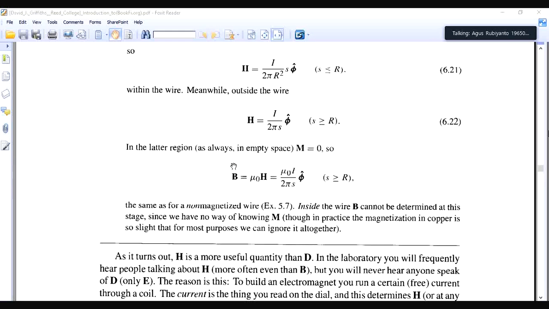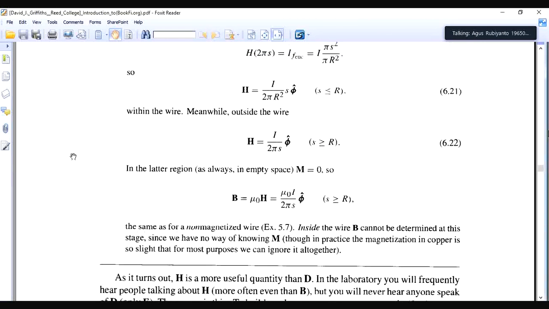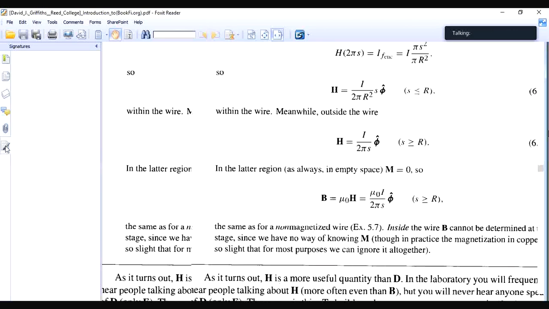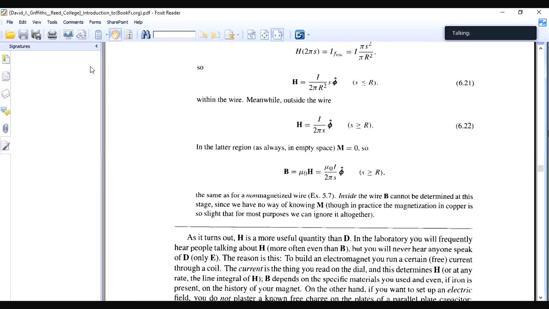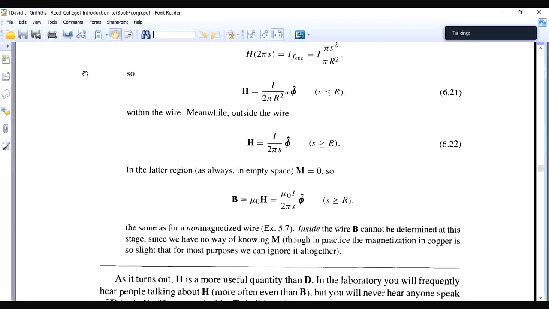Jadi B itu sama dengan mu dikalikan H. Bagaimana kalau misalkan di sini ada arus mengalir? Ini jadi B sama dengan mu kali H.